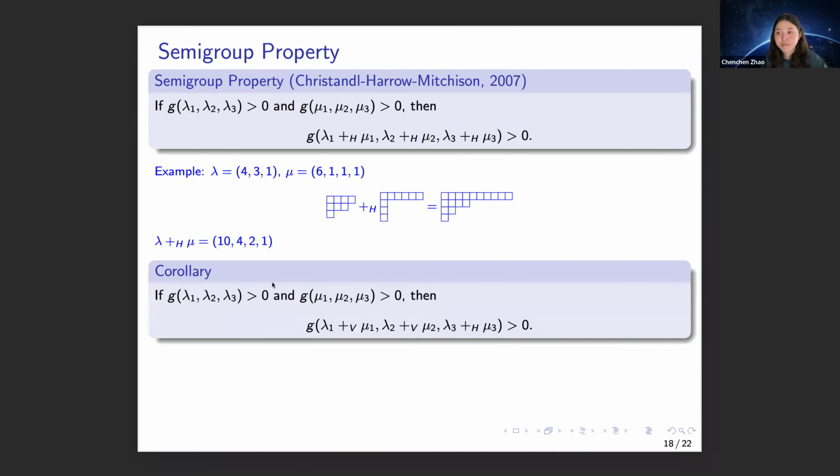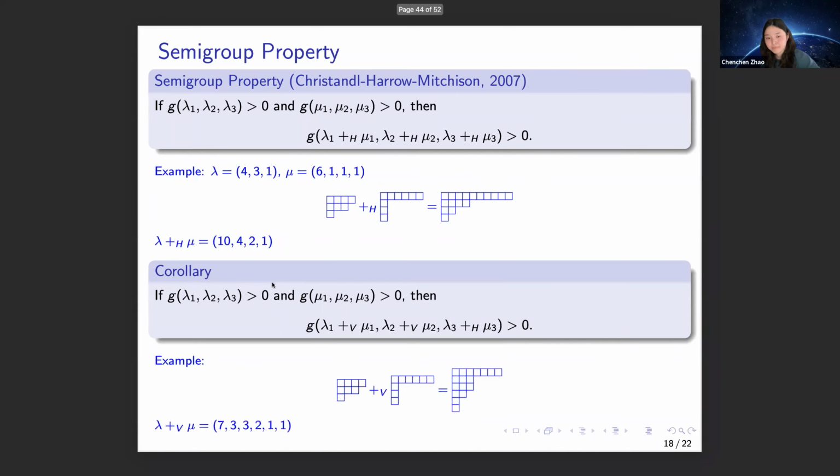And because we have the transposition property for the Kronecker coefficients, we can conjugate any two of the partitions and make the Kronecker coefficients stay the same. So we can conjugate any two of the horizontal sum to make it into a vertical sum. That means this is also like the second type of the semigroup property.